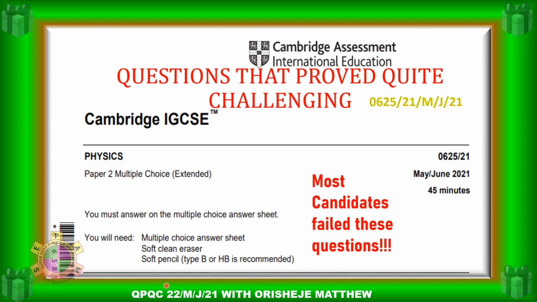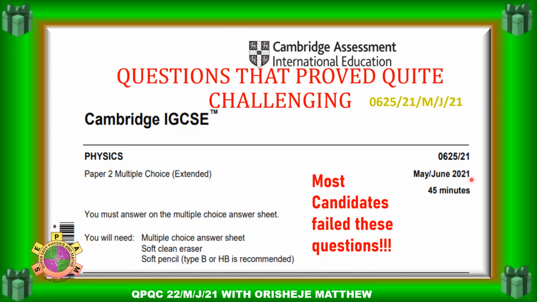Today we are looking at the question that proved quite challenging for the students that wrote the May-June Physics Paper 2 Extended 2021. In this particular Paper 2, we are looking at the question that most candidates failed.